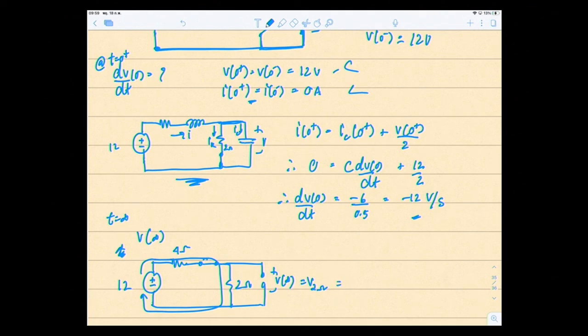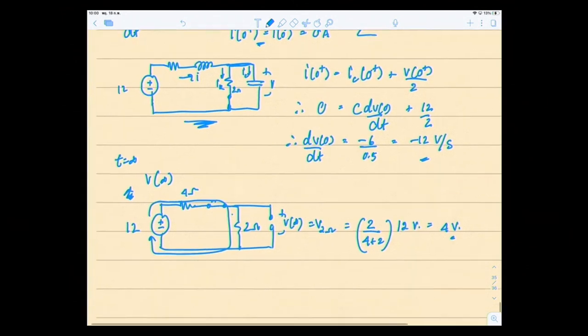So it equals 2 over R total, which is 4 plus 2 because they are connected in series, times the 12 volts. So it becomes 4 volts. This is your so-called final value, V at infinity.